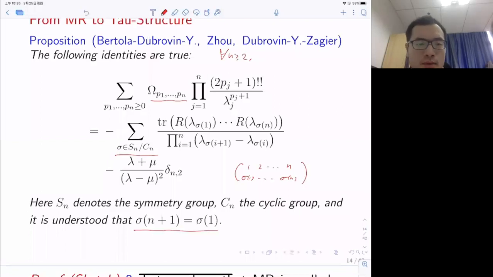For the right-hand side, we have given the existence and uniqueness of R. To prove the identity, we also need to show the two sides are consistent with each other. The left-hand side is a power series of lambda inverse, and on the right-hand side it looks like there are poles along the diagonals. So we need to prove that all the poles in the right-hand side cancel, such that it becomes a formal power series of lambda inverse.